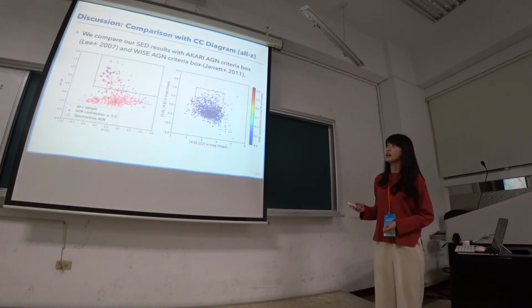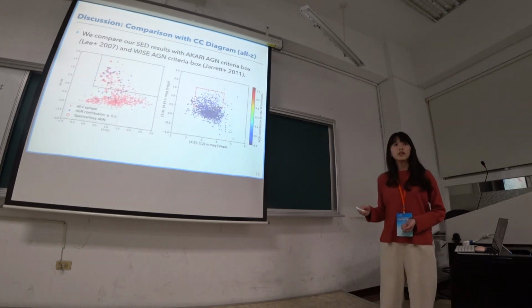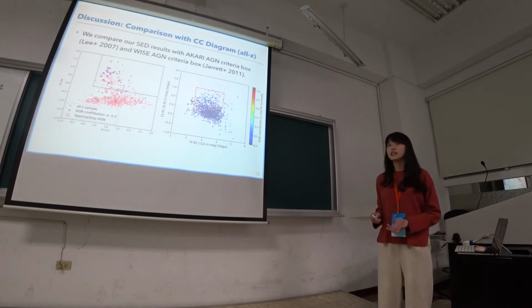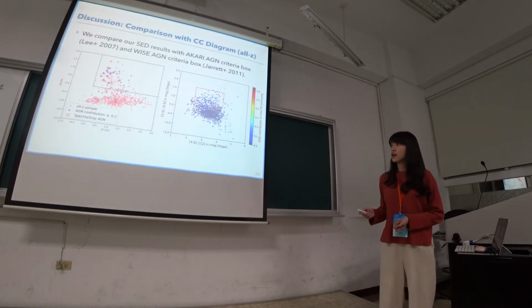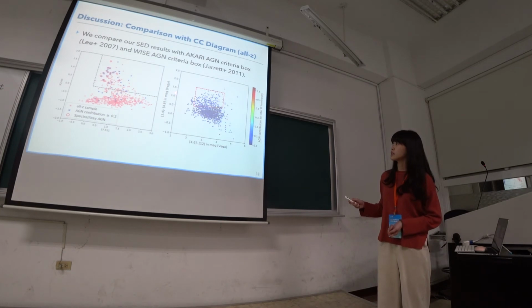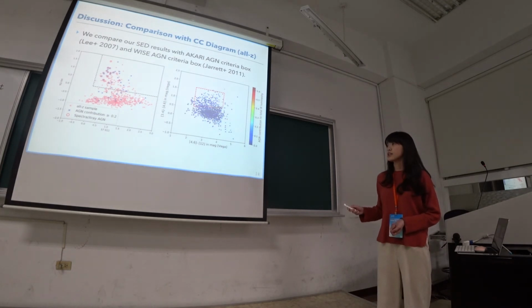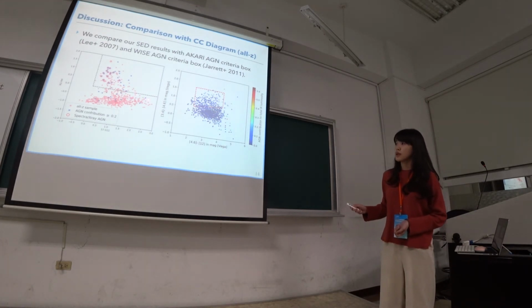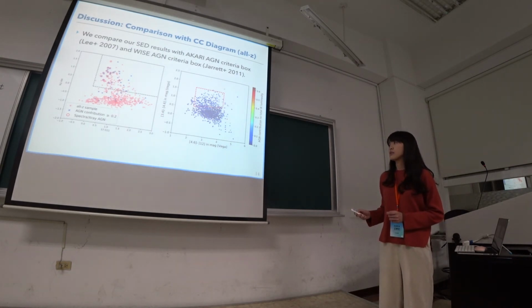And we try to compare with the previous AGN selection called the color diagram. This is the AKARI AGN box, and this is the WISE AGN box. You can see that not all of our sources are in this AGN box, but there are still some spectroscopic AGN and X-ray AGN located outside the box.